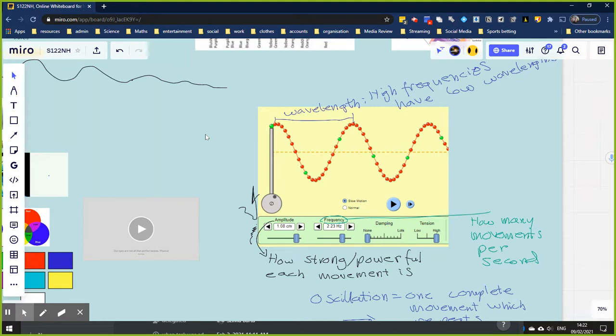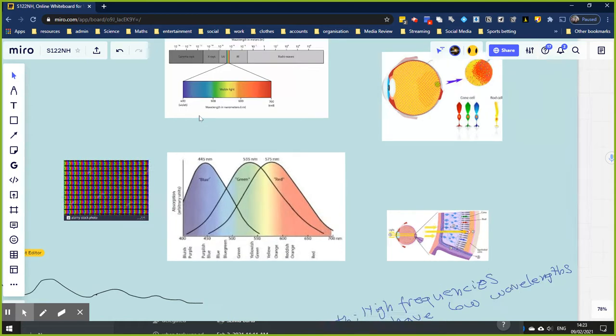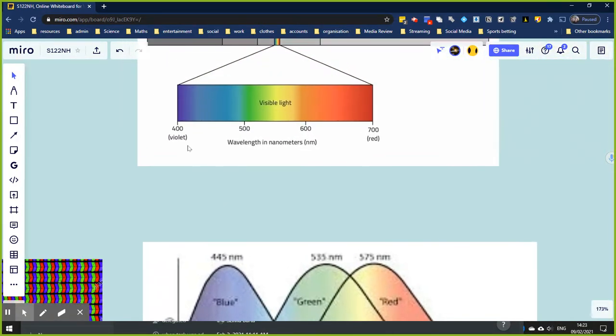But the difference is that a wavelength in light, if we have a look here, these numbers represent the wavelength. In this case, they're very, very tiny, but there still is a wavelength. And what it says is that a lower number is blue and a higher number is red. And then we have the ones in between, right?